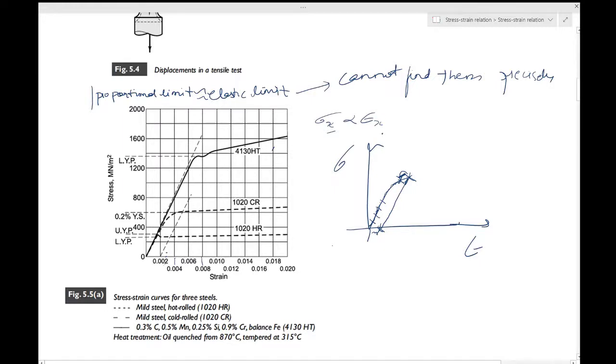Fine. So that is one part of it: even after having these very clear definitions, in reality in an experimental setup it's not possible to find these values, proportional limit and elastic limit, precisely. Now, since plastic deformations of the order of the elastic strains are often unimportant, instead of reporting the elastic limit, it has become standard practice to report a quantity called the yield strength.